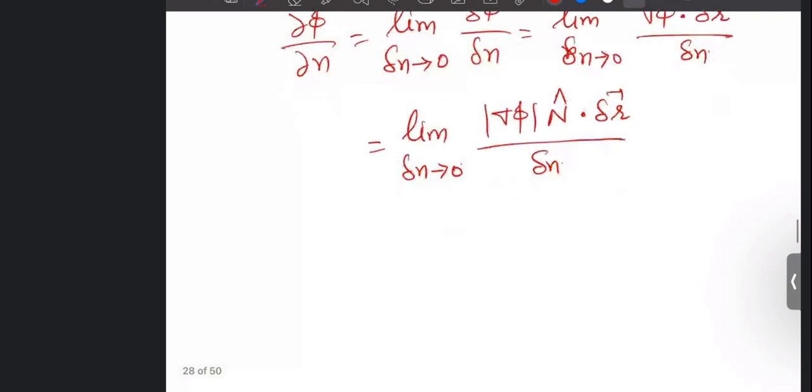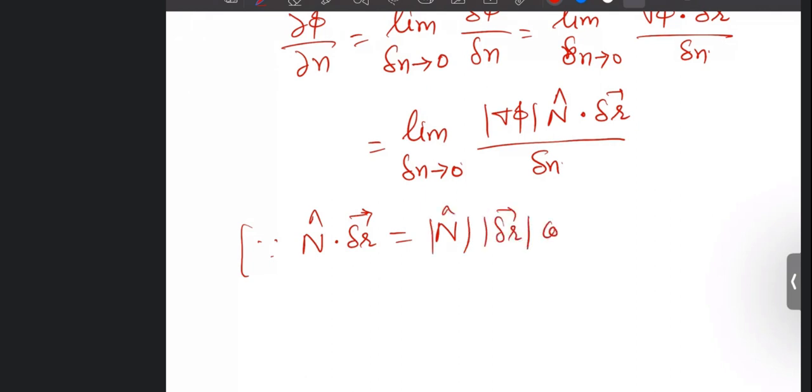As we know, the dot product of unit vector n and delta r is equal to the magnitude of n, times the magnitude of delta r, times the cosine of the angle between those two.